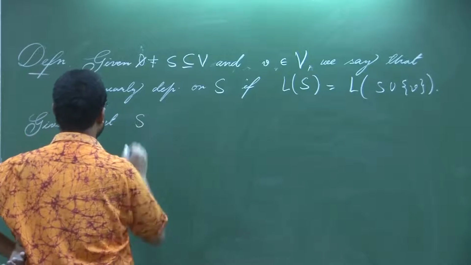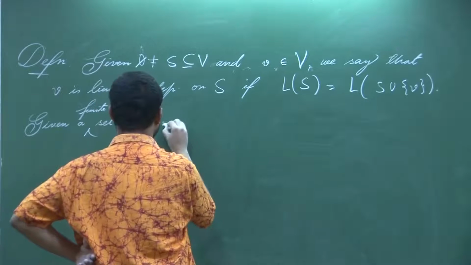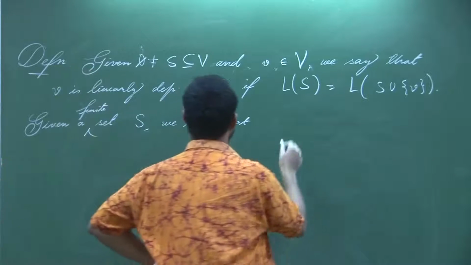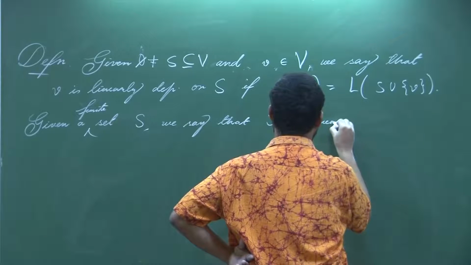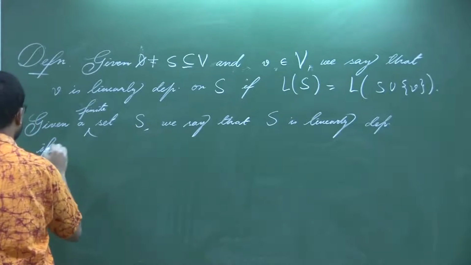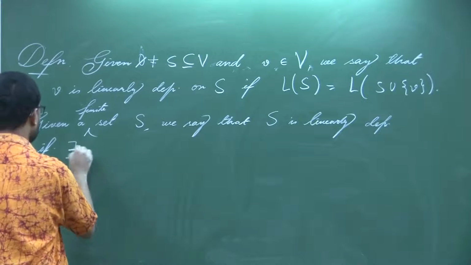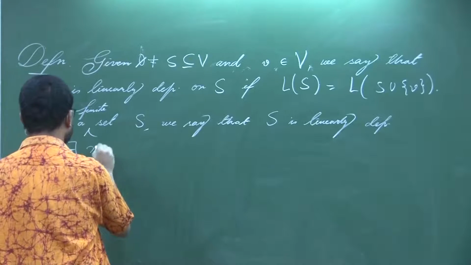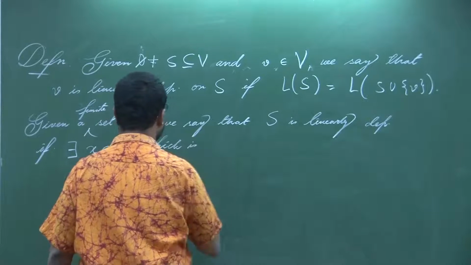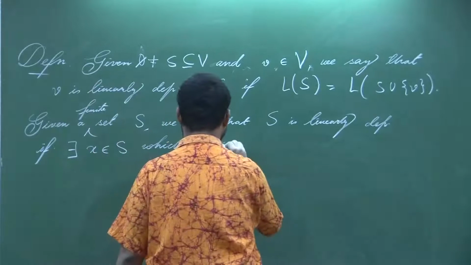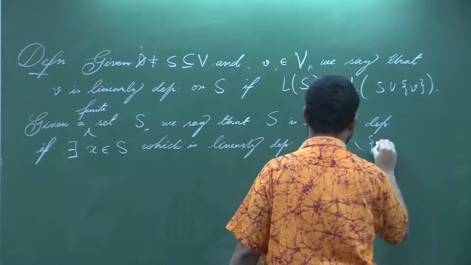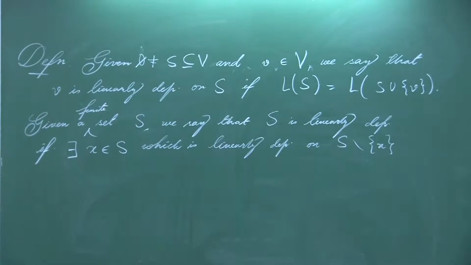Given a finite set S, we say that S is dependent if there is x in S which is linearly dependent on S minus x, right.